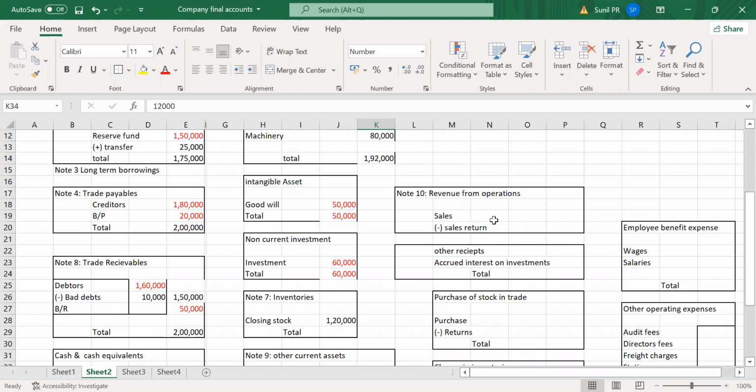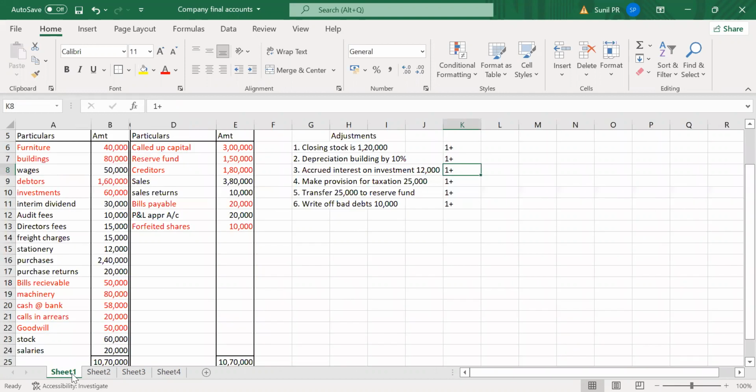Now we will go for revenue from operations, that is P&L account. P&L account starts with what? First, there is a format. Income statement format. First, you have to start with, that is again equity and liabilities, shareholders' fund? No, that is balance sheet. I'm speaking of income statement.